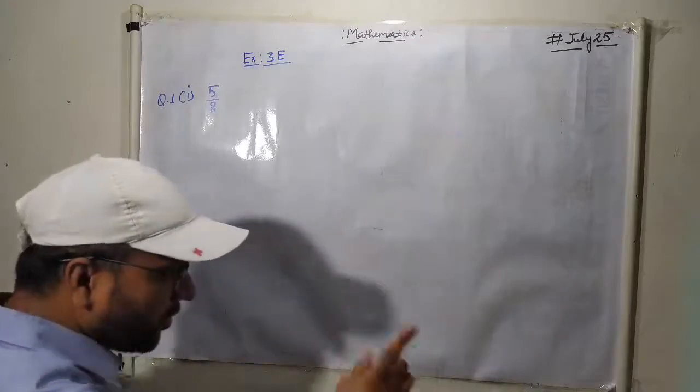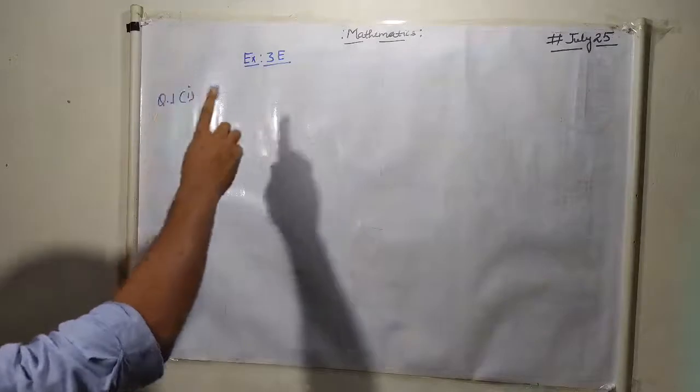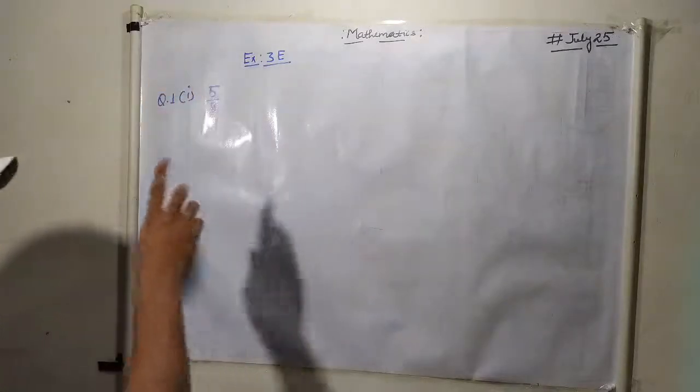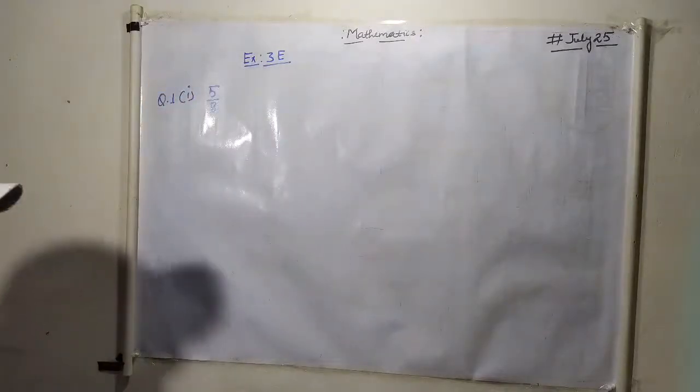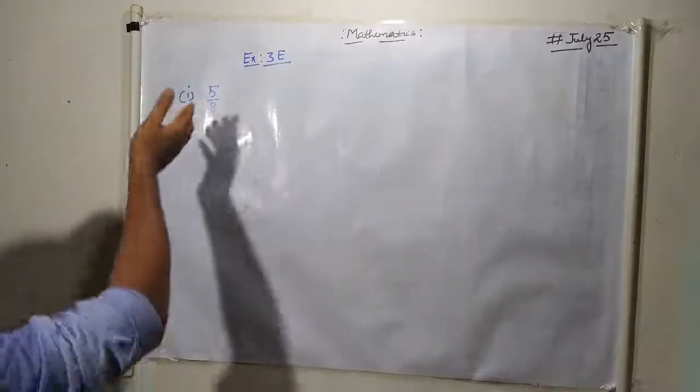But the rule I told you: if its denominator has only the prime factors 2 or 5, or both 2 and 5, then it is a terminating decimal. By seeing it you can tell that it is a terminating decimal.